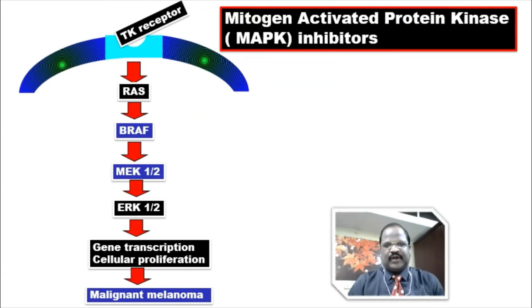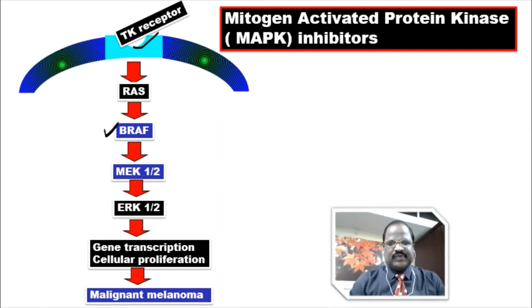Next, a very important topic, mitogen activated protein kinase inhibitor. For this, first we discuss the mitogen activated protein kinase pathway. For example, stimulation of the tyrosine kinase receptor causes activation of RAS. That in turn activates BRAF.